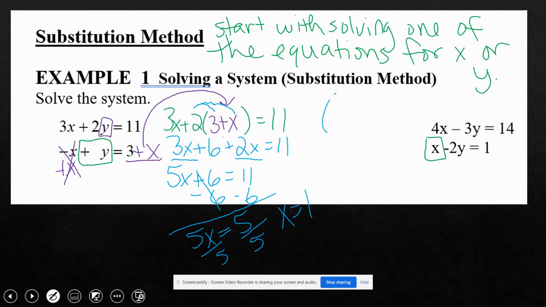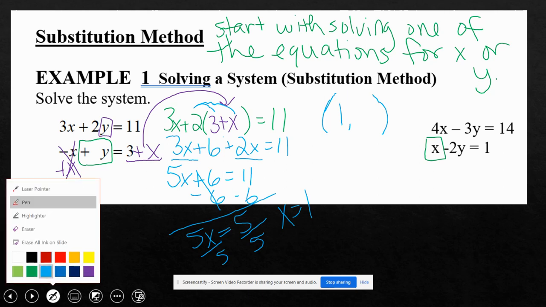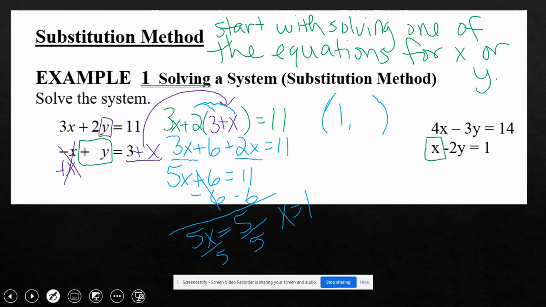That's only the first part of our answer, though. Remember, we have an ordered pair answer. Ordered pairs are two numbers with a comma and parentheses around them to show one point on a graph where our lines will cross. Now that I know that x is 1, I can take either of these two equations and plug 1 in for x to get y.